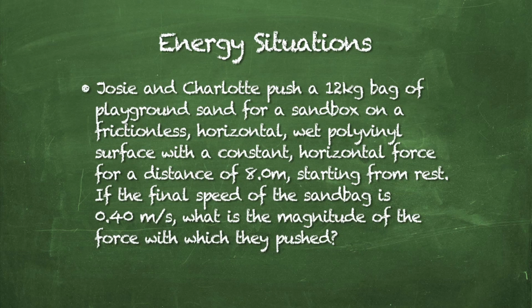Draw the initial situation, the final situation, draw in all the forces, and then, recognizing this as an energy situation, you would start with your general equation, change in kinetic energy plus change in potential energy equals the work done by non-conservative forces on the object. So I would like you to try, set that up, get started, and try and stay ahead of me. I'll help you in a moment.